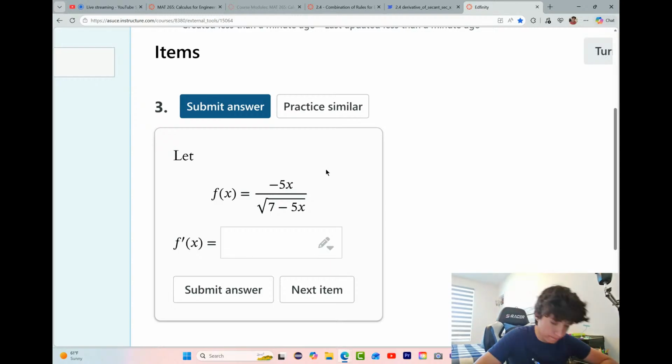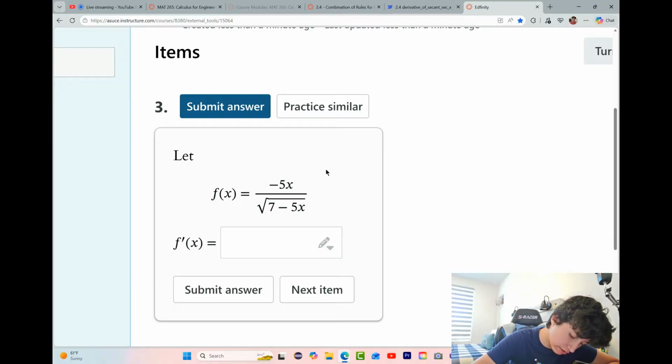power. Cool. All these negatives are freaking me out. All right, so we have negative 5 times square root of 7 minus 5x. And then we have plus, oh, hold on, wait. Okay, minus 5x. So minus negative 5x is simply plus 5x, but then the negative 5/2 is going to make it negative.